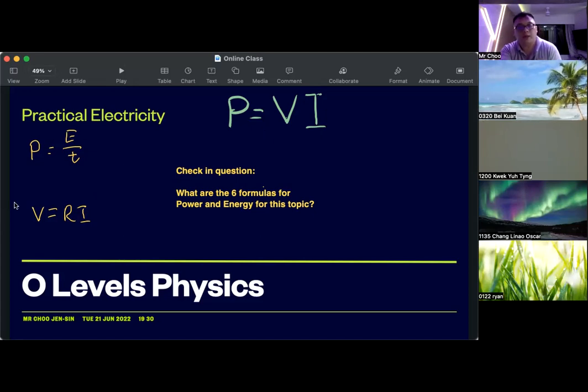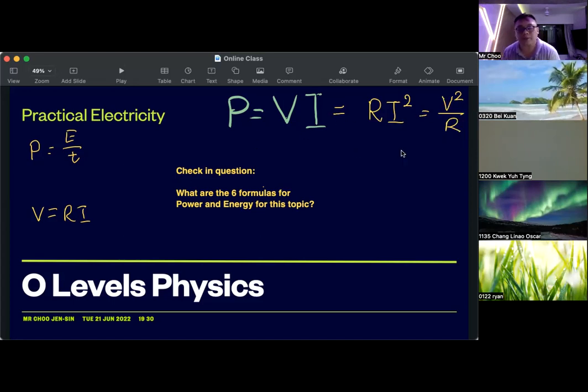For example, if I replace V with IR, you get power equals IR times I, which is I squared R. Likewise, if I replace I with V over R, you get V squared over R. So these three formulas are the same.